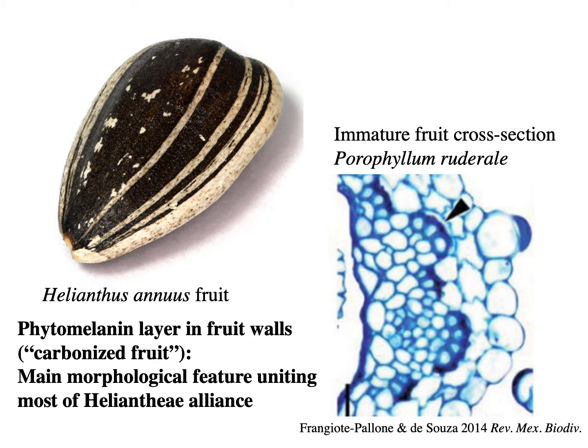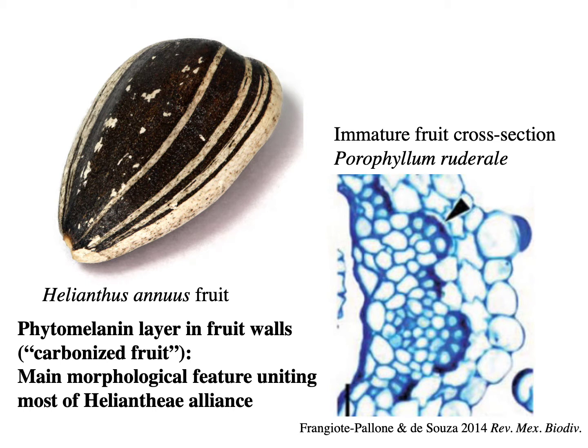This is what we call carbonized fruit, or blackened fruit. And you can see on the lower right an immature fruit cross-section of Porophyllum ruderale in the Tigidae, or marigold tribe. Actually, where you see the arrow here, this is a developing layer of this phytomelanin.